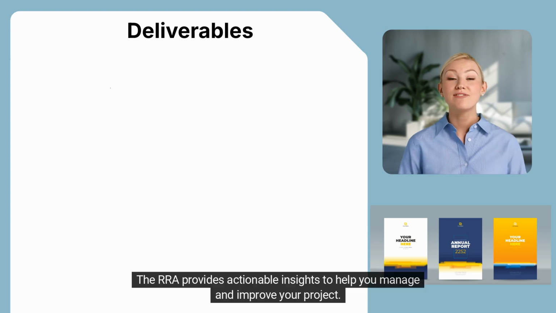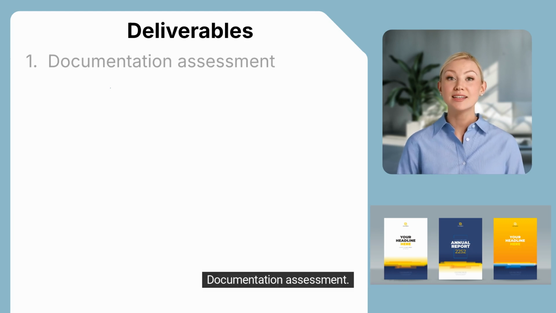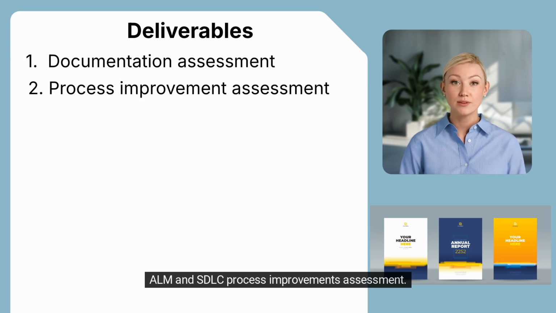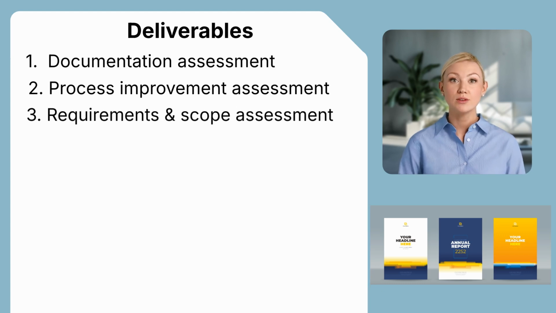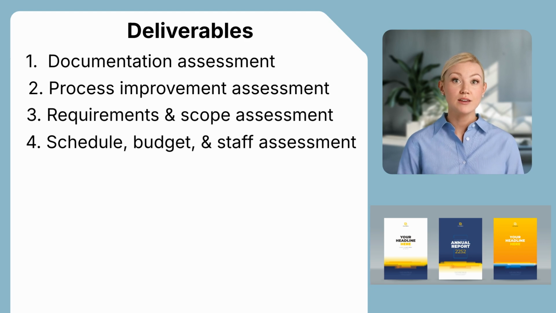The RRA provides actionable insights to help you manage and improve your project. Key deliverables of the RRA include the following. 1. Documentation assessment. 2. ALM and SDLC process improvements assessment. 3. Requirements and scope assessment. 4. Schedule, budget, and staff skills assessment. 5.